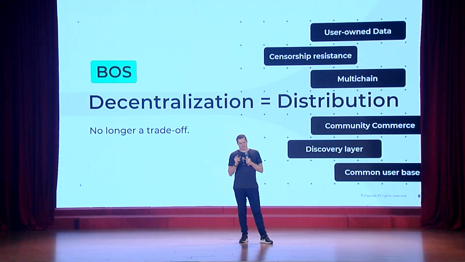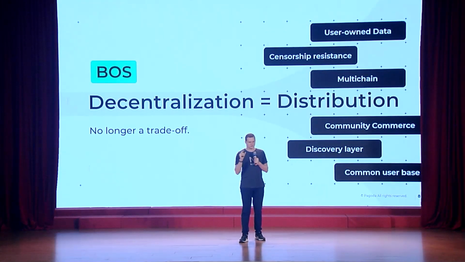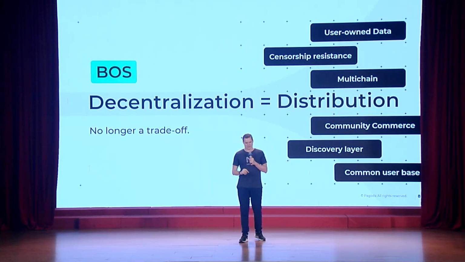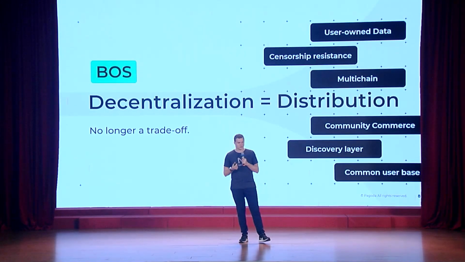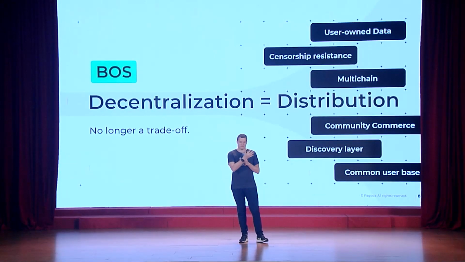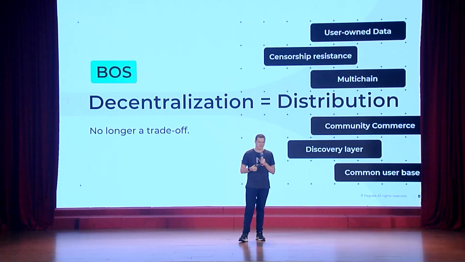The conceptual idea here is that right now decentralization usually means that you're losing distribution. You're losing the users, you're having trouble acquiring them. And we really want to turn around this trade-off and leverage decentralization to actually help acquire more users, and have more entry points where people come in and are able to use all of the applications on the platform.